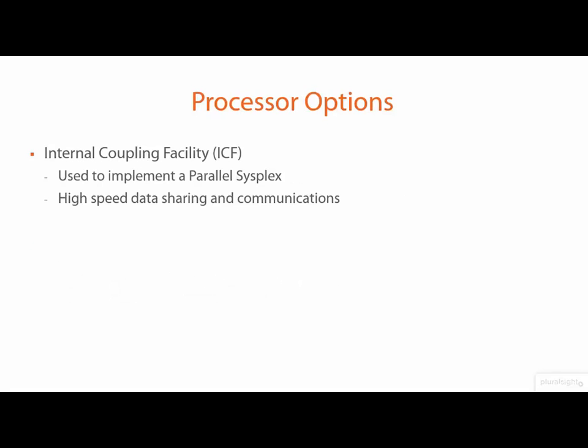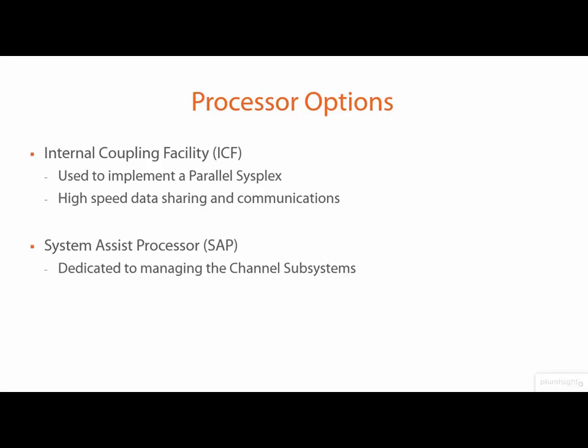The other specialty processors are the Internal Coupling Facility, which is used to implement the parallel sysplex to provide high-speed communications and data sharing between systems. The System Assist Processors, or SAPs, are processors dedicated to the channel subsystem to manage and drive I/O operations.